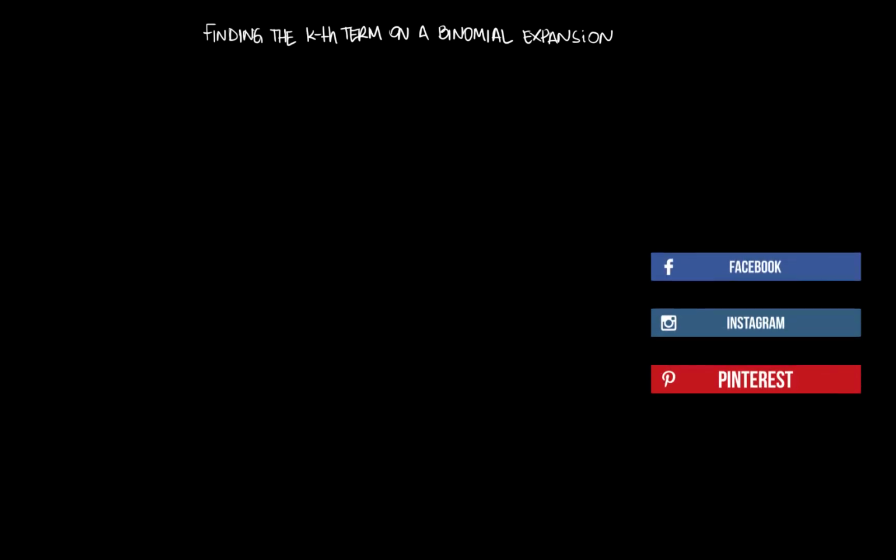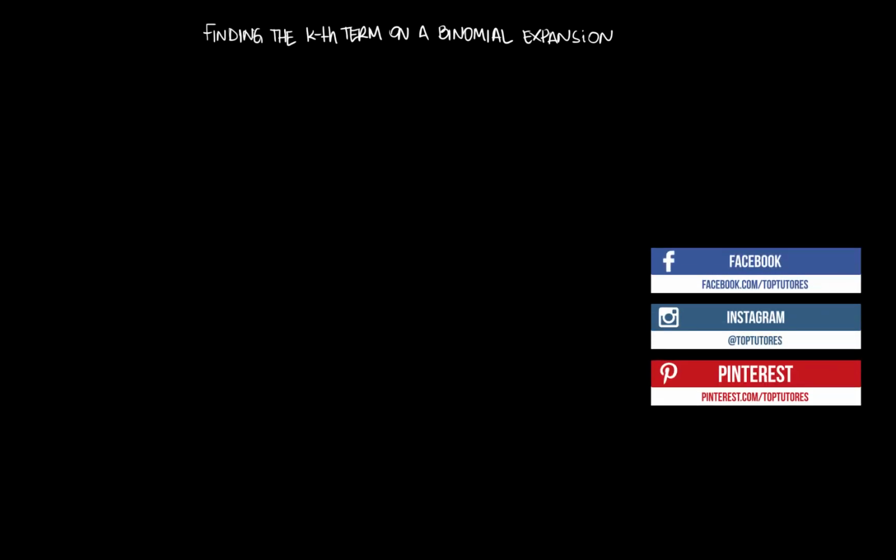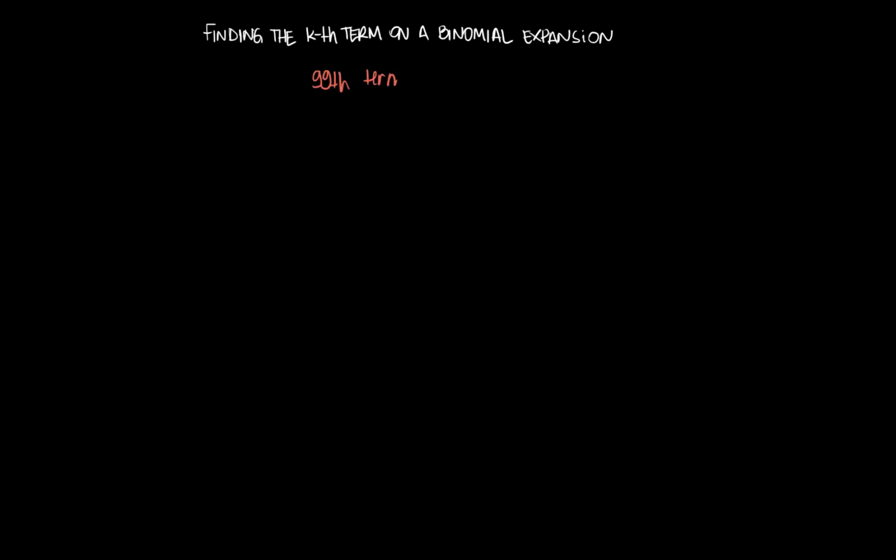Let's say you want to evaluate the 99th term of this expansion: (2x + 3y) to the power of 101. It would be a terrible idea to try to open this, right? It's practically impossible, but after this class, you'll be able to do that without expanding the whole thing.